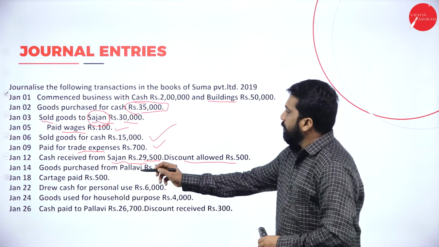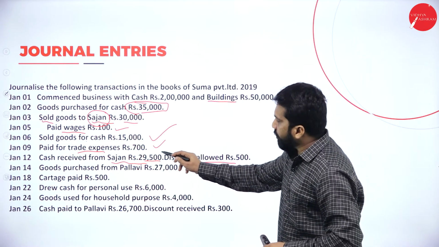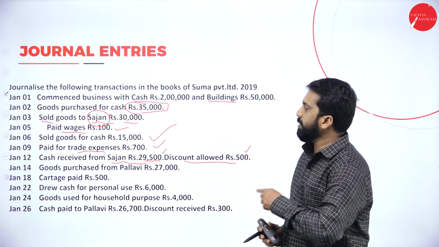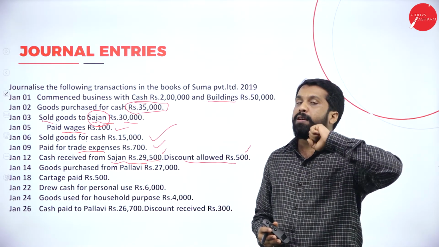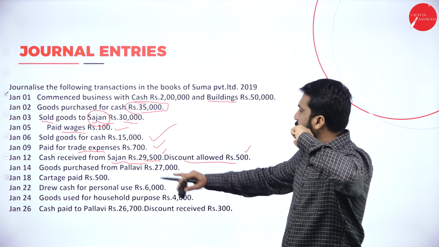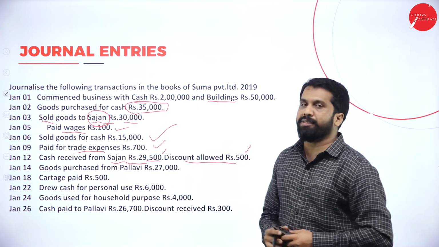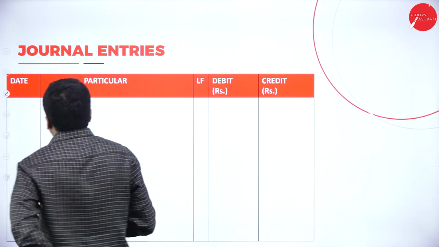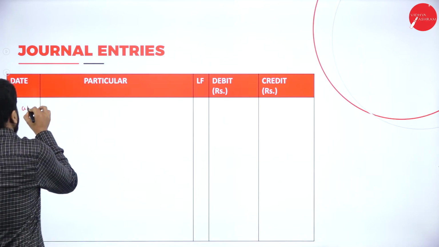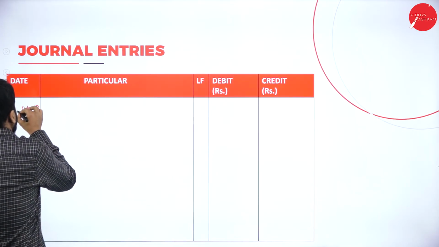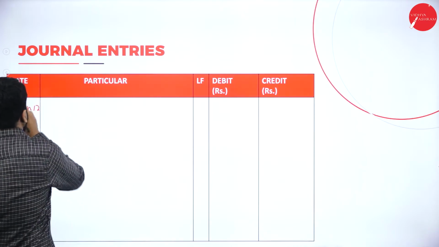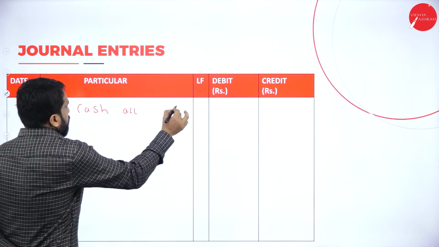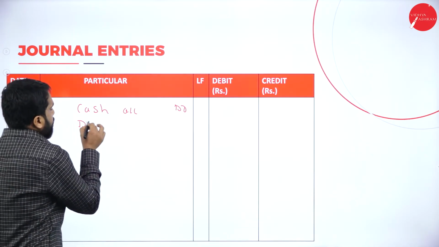Now, cash received from Sarjan 29,500. Discount is 500. One thing you remember, received means cash is what? Up. From whom are you receiving? Sarjan. Sarjan should be what? Down. January 12th. So, cash account debit. Along with cash, what will come in this?